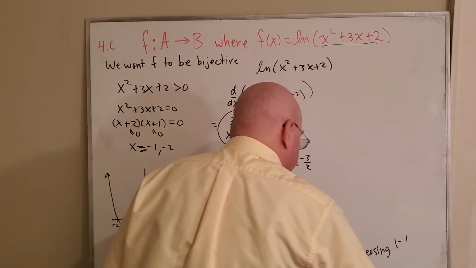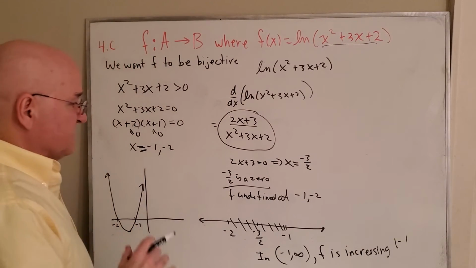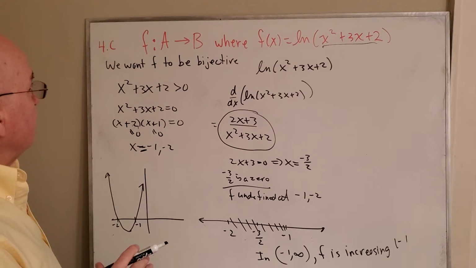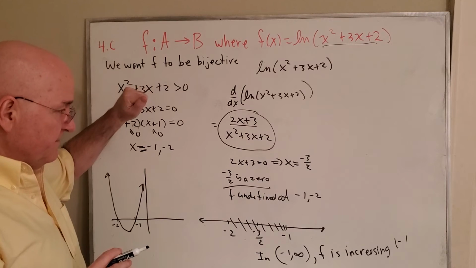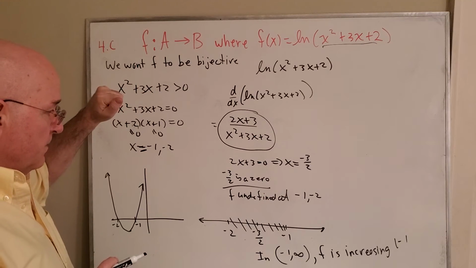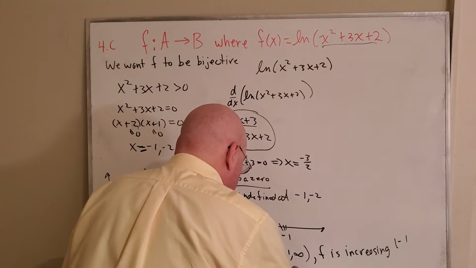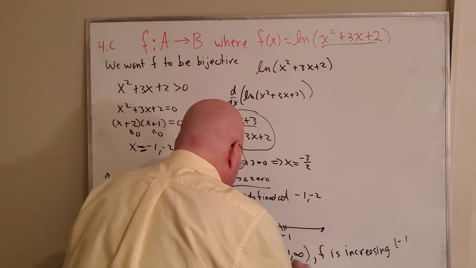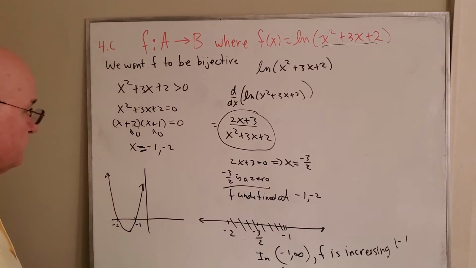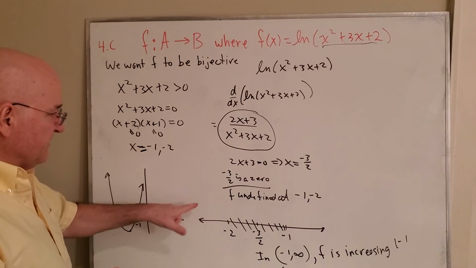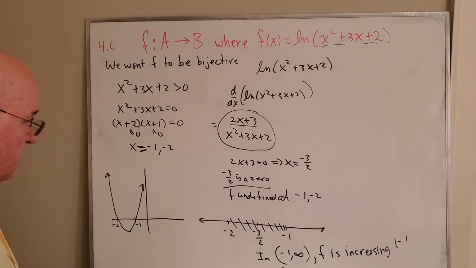That is 1 to 1, so it would be injective from negative 1 to infinity, or from negative infinity to negative 2. I don't know if it's increasing or decreasing there.